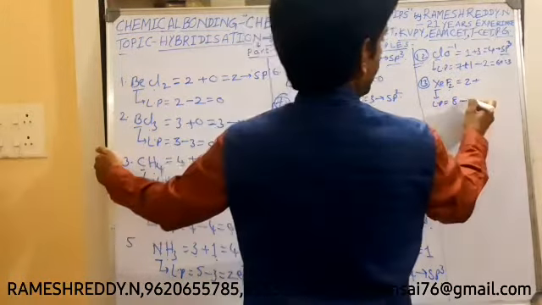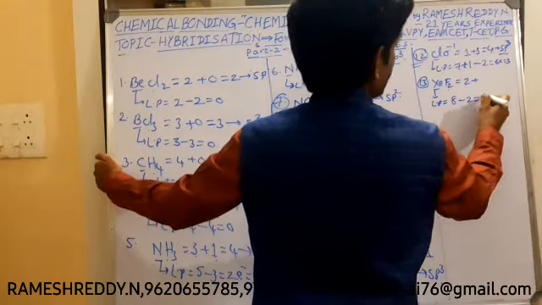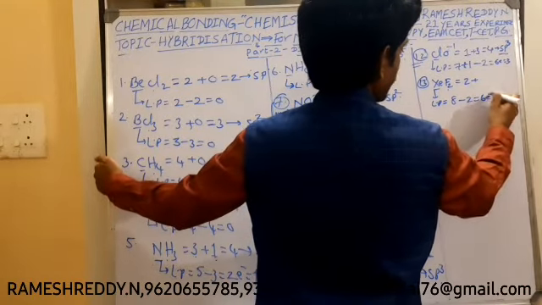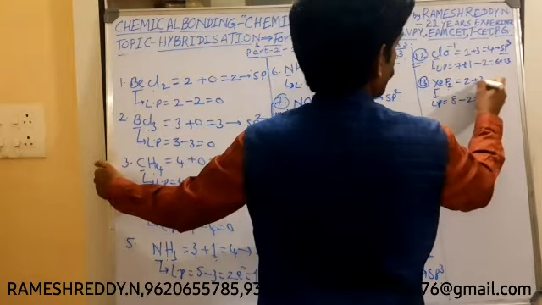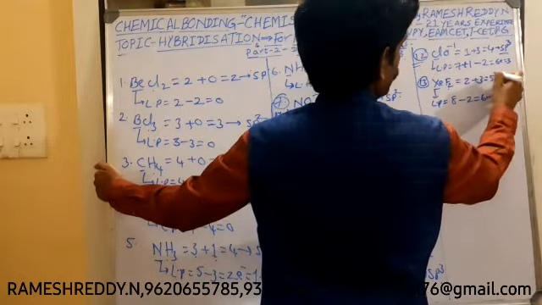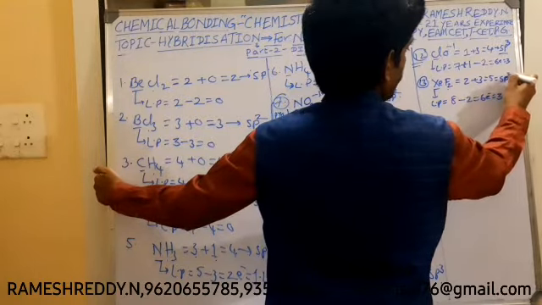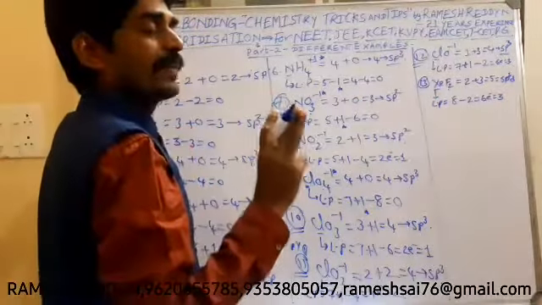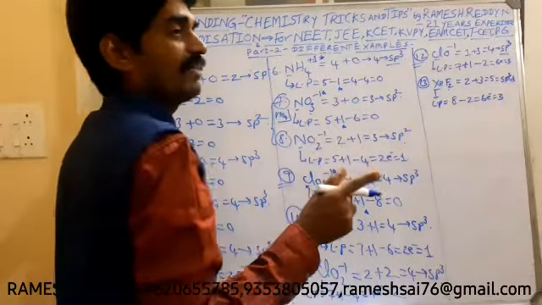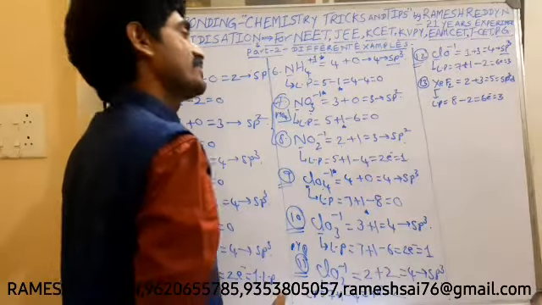Bonded atoms are 2, so minus 2. 8 minus 2 is 6. 6 electrons means 3 lone pairs. So 2 plus 3, that is 5. 5 means the central atom undergoes sp3d hybridization: 1 s orbital, 3 p orbitals, 1 d orbital, totally 5 hybrid orbitals.